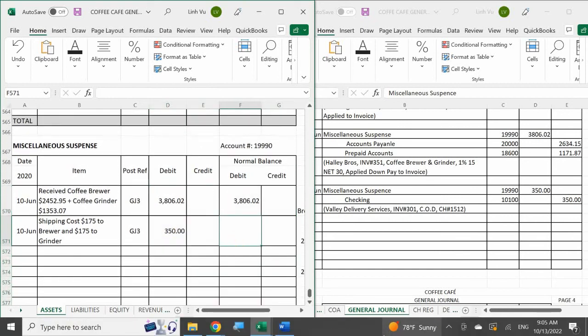So, if I'm adding $350 to my $3,806.02, how much is my total miscellaneous suspense right now? What's the grand total of both my coffee brewers, coffee grinders, plus the shipping?